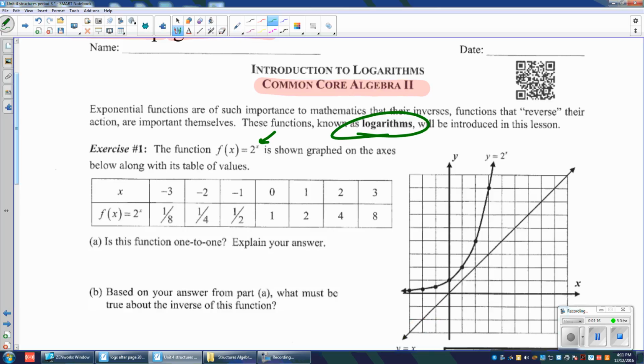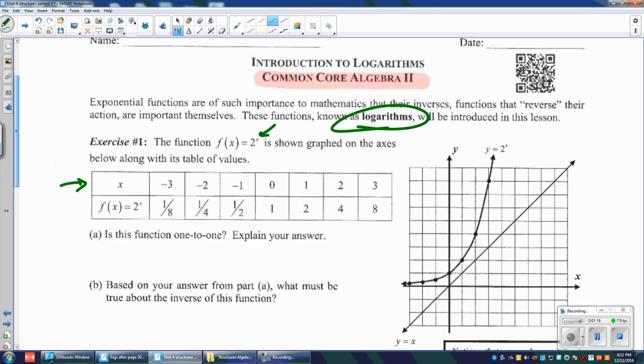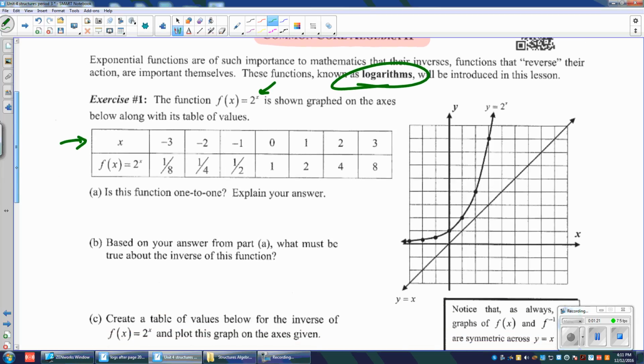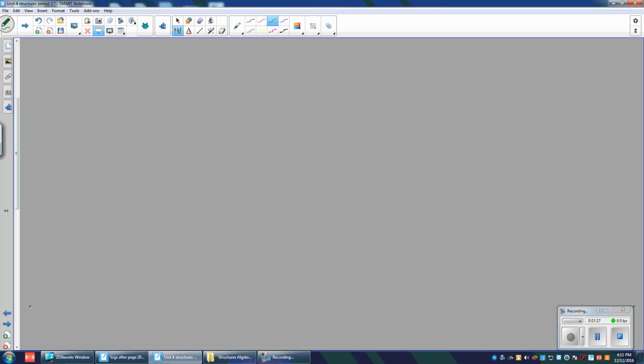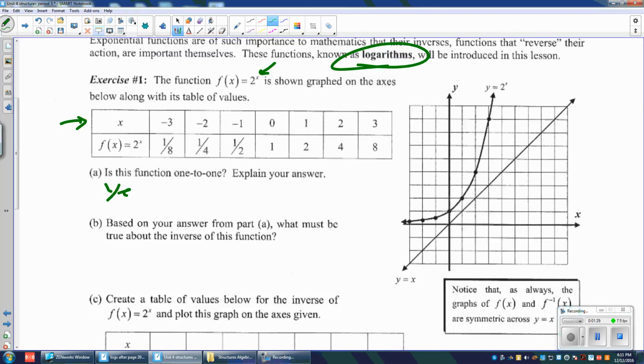So what we did here is we made a table and plotted it. Is this function 1 to 1? Yes, because for every x there's only one y, and for every y there's only one x.